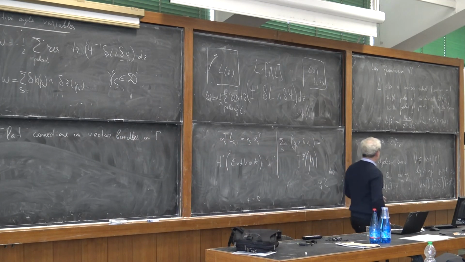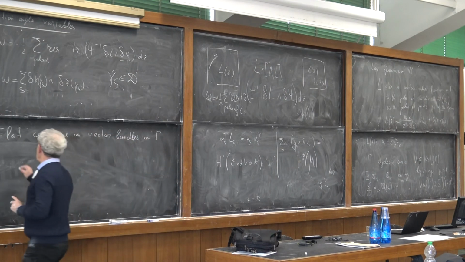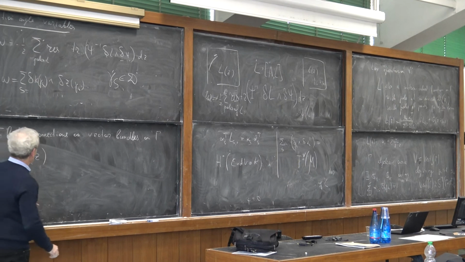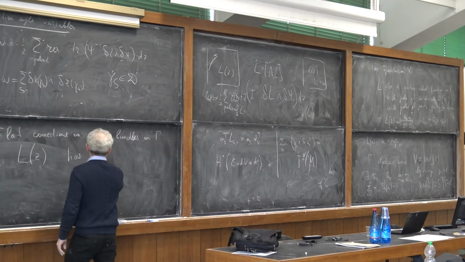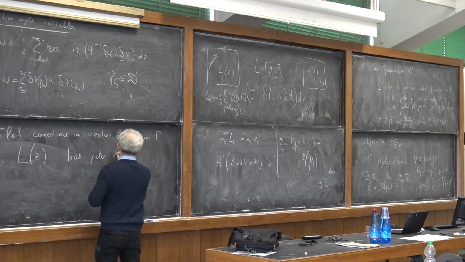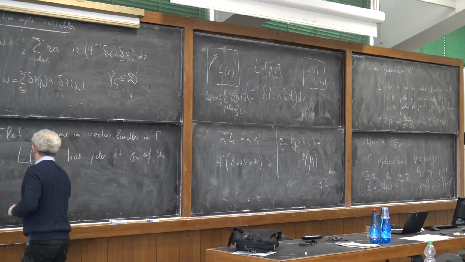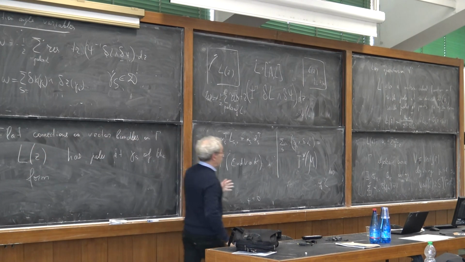Actually, a flat connection on a vector bundle can be written in a unique way as a one form that has poles at gamma S of the same form.